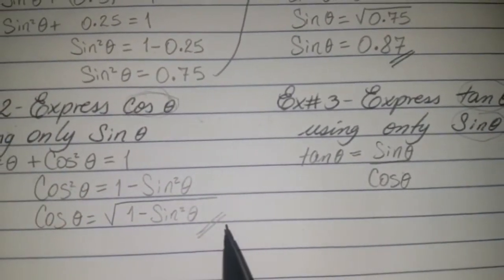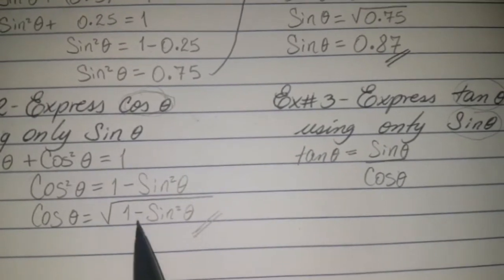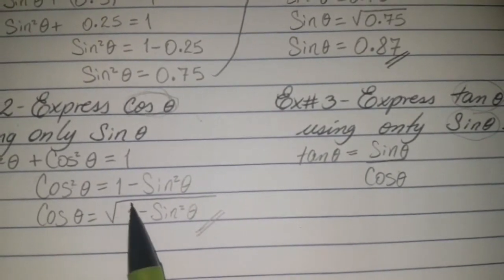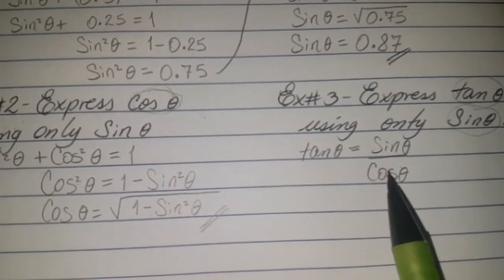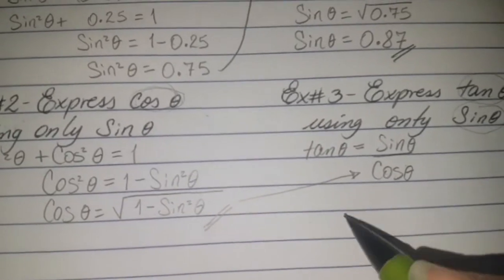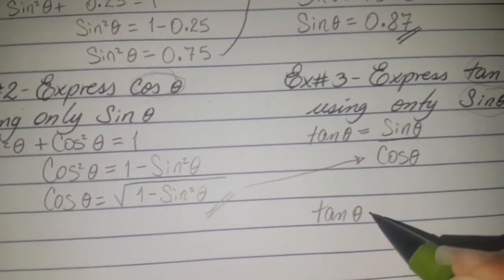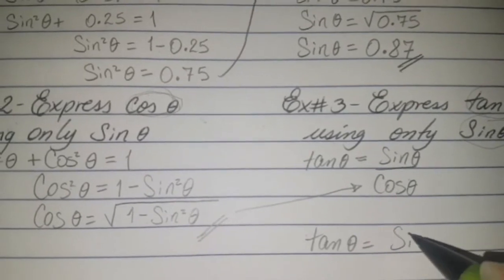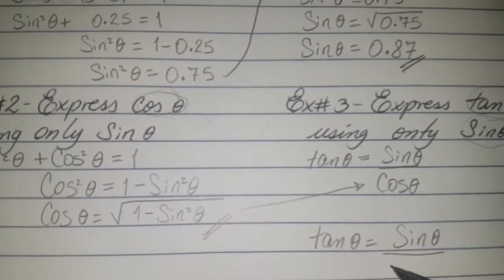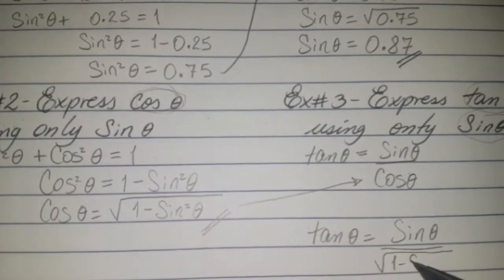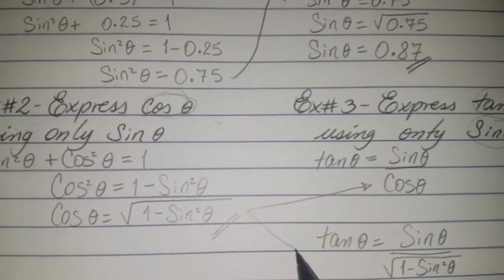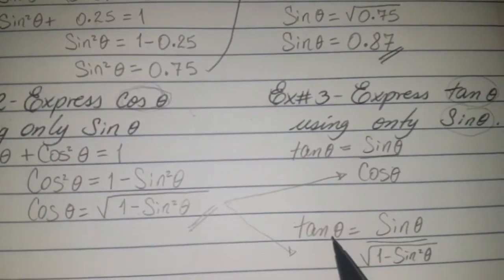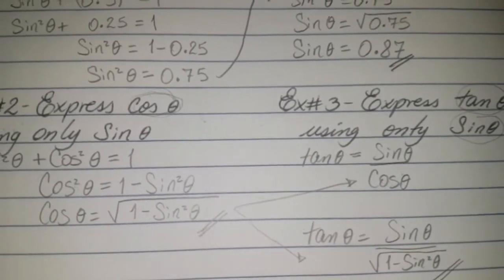In the previous example, we isolated cosine and said that it equals the square root of 1 minus sine to the second power of theta. So we can use that here. Tangent of theta equals sine of theta over the square root of 1 minus sine to the second power of theta, which was the previous answer you found. Since tangent is already expressed using only sine of theta, then we're done.